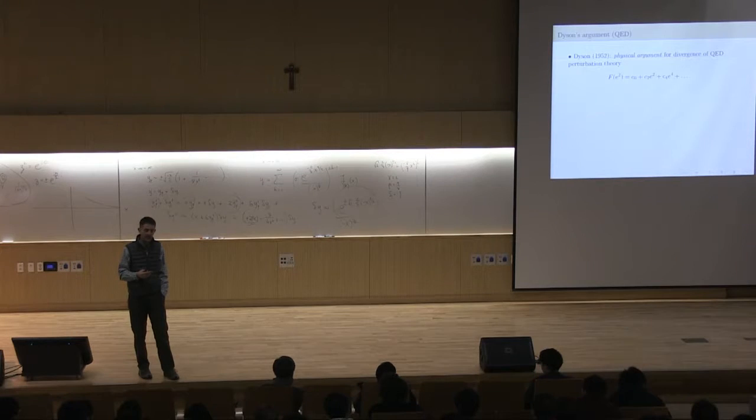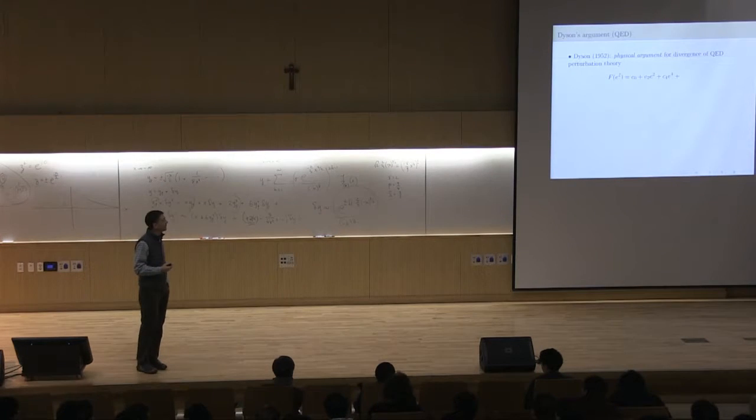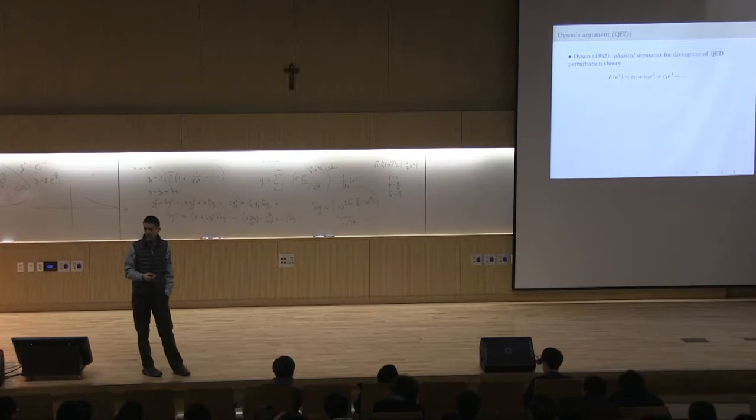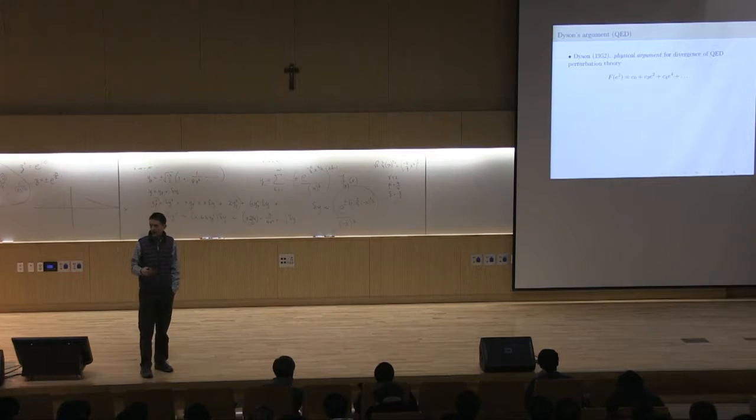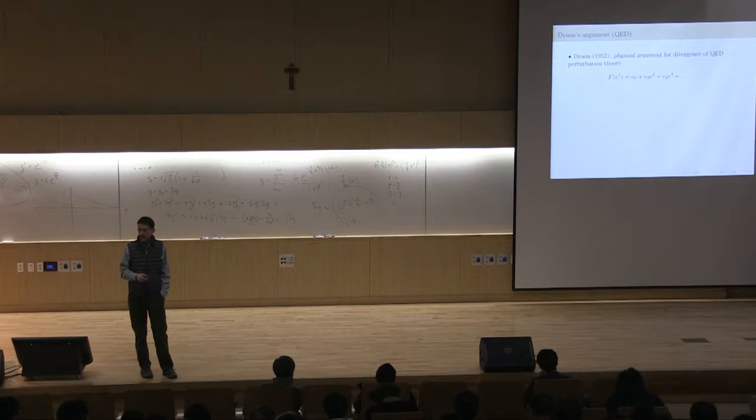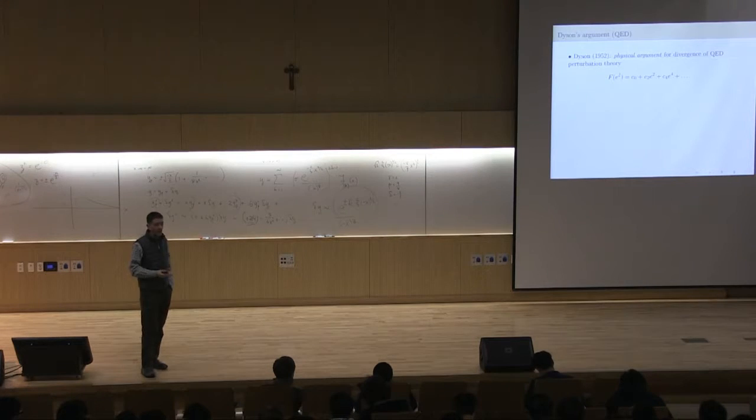So Dyson came up with this extremely beautiful argument of why you would expect an expansion in alpha, or let's call it e squared, with h bar and c taken to be 1, not to be convergent. Imagine you're computing some quantity, such as g minus 2. The answer is a series in alpha, so a series in e squared with some coefficients. Now suppose that expression was convergent.